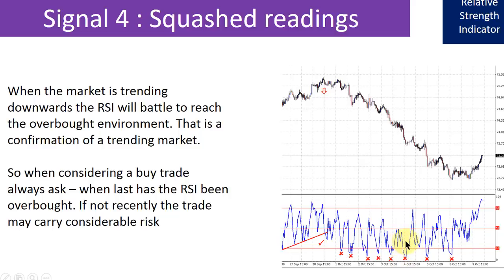You've got to look back and say, when last was the RSI overbought? And ideally, we want an RSI that's going overbought, oversold, overbought, oversold, overbought, oversold all the time. Now, this one's way back over there that has gone overbought. So that's another warning for you to say, no, I'll hang on and I'll wait until there's a healthy movement of overbought, oversold, overbought before I start trading again.